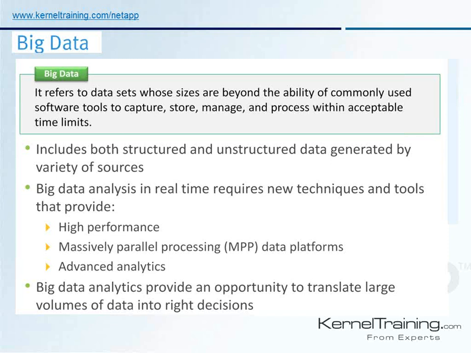For example, Facebook has 2,700 nodes in a cluster, right? So they can process the data in parallel, which cannot be done through any other storage. Advanced analytics are there, which I'm talking about, big data analytics like Hive and Pig, different tools available in the market. And big data analytics provides an opportunity to translate large volumes of data into the right decisions.